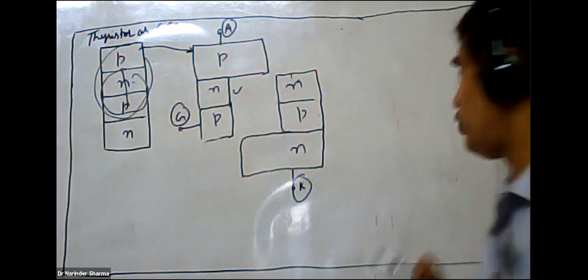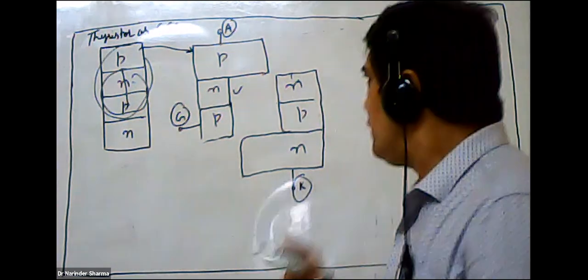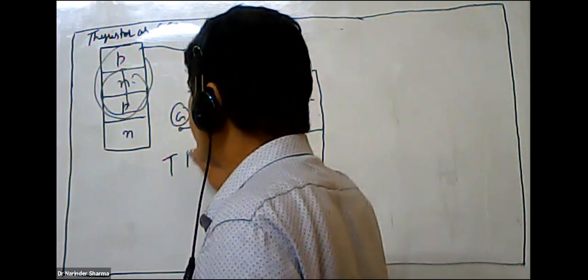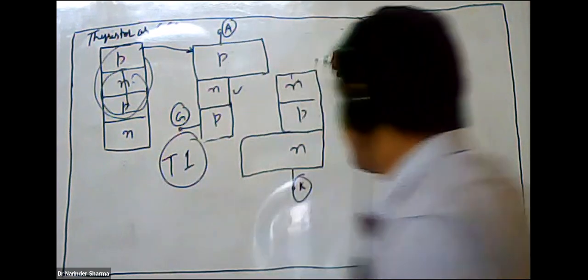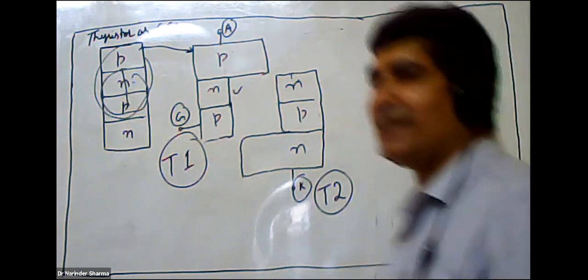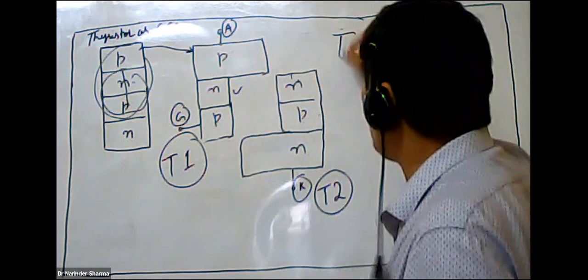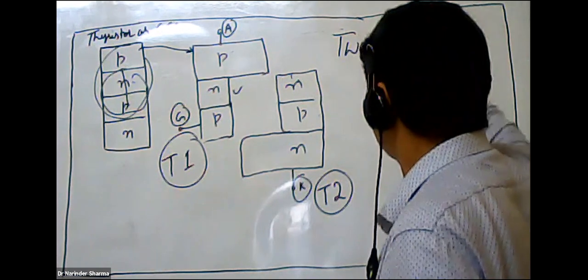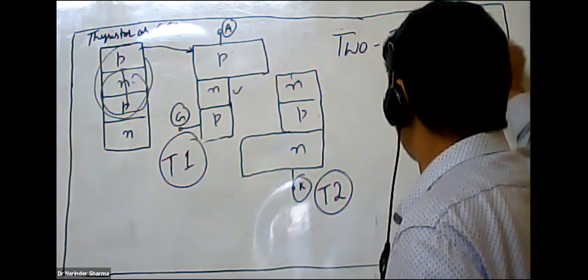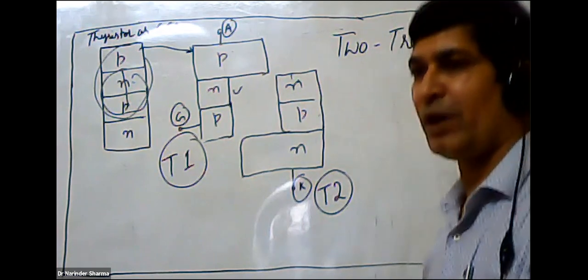This PNP is one transistor, let us say transistor 1. This NPN is transistor 2. That's why it is said to be the two transistor model.